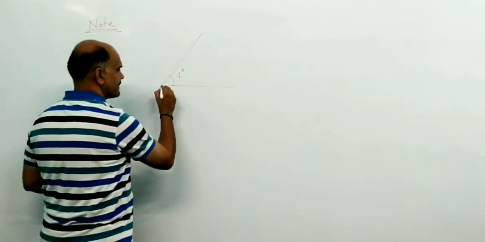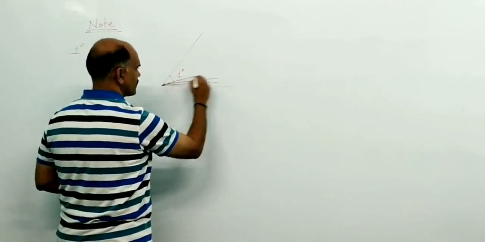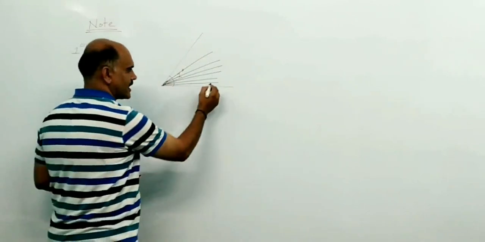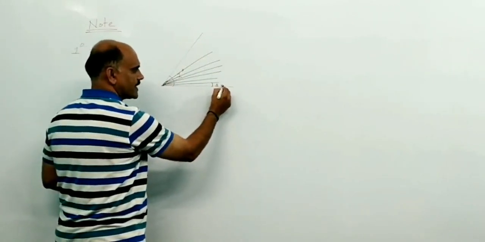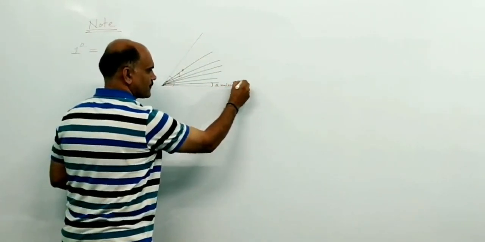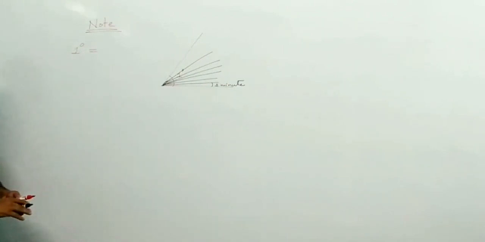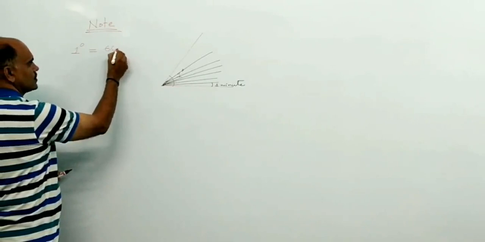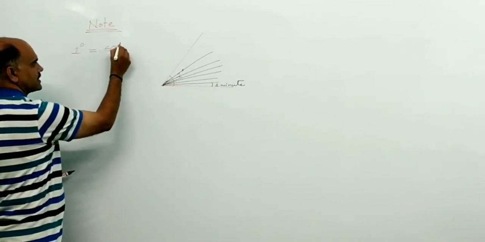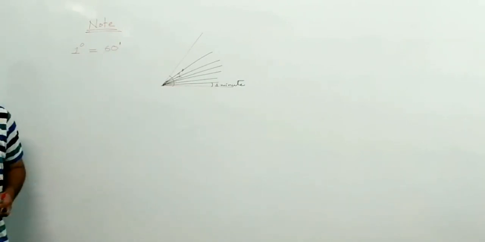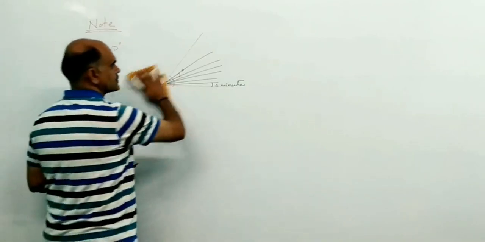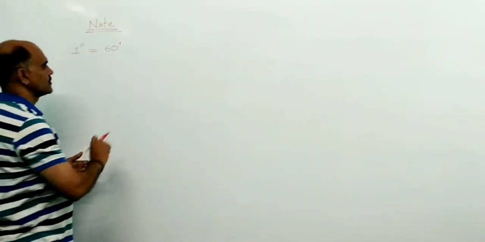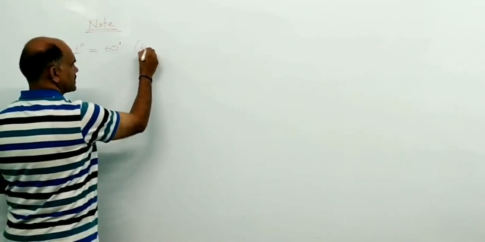This 1 is divided into 60 equal parts, and each part is called 1 minute. So 1 degree is equal to 60 minutes, and it is denoted by a dash. So dash denotes minutes.